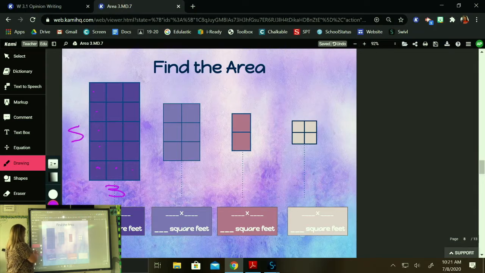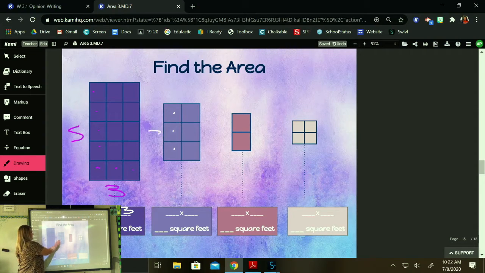And we know that 5 times 3, let's multiply it out. 5 times 3 equals 15 square feet. 15. All right, let's work our next one.